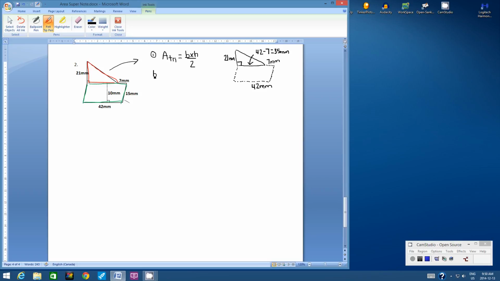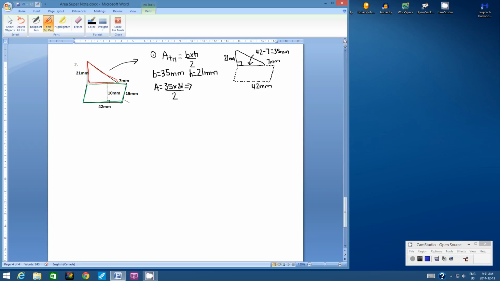Perfect. All right, so the base is 35 millimeters, and our height is 21 millimeters. Okay, so the rest of this part of the calculation should be straightforward. Substitution line, area equals 35 times 21 all over 2.